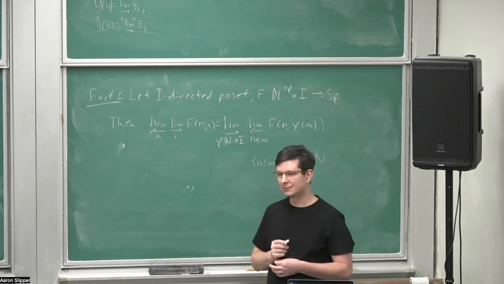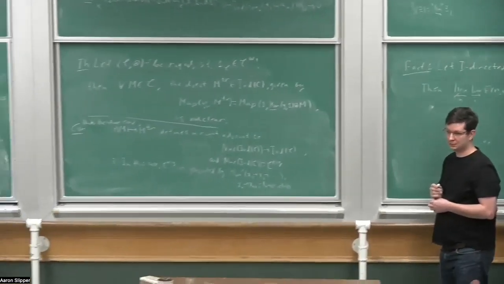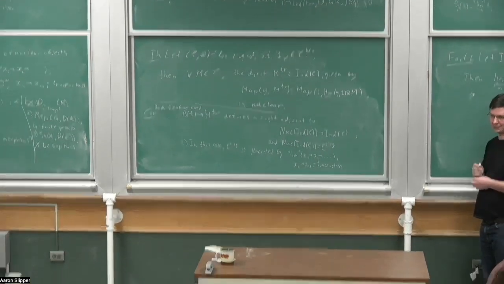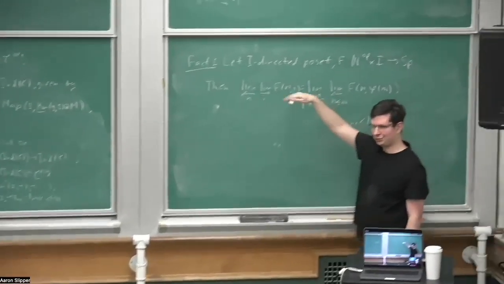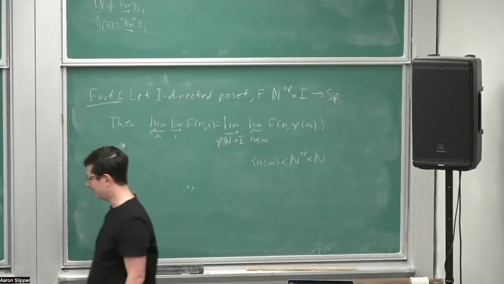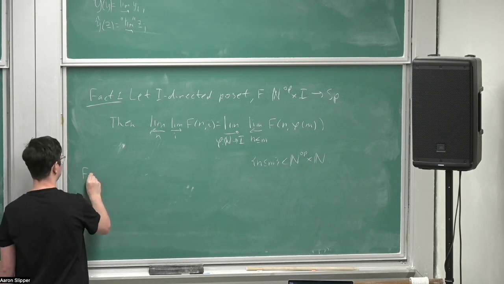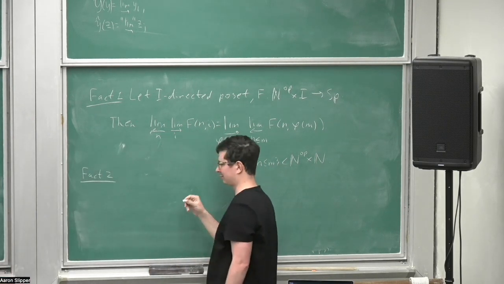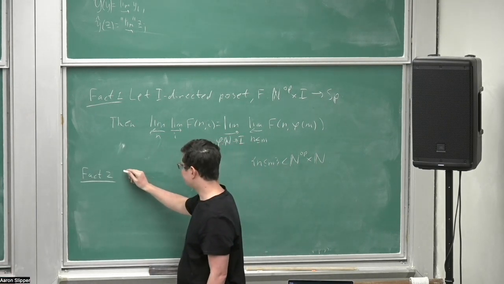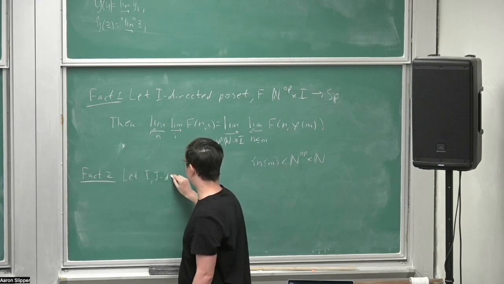If I replace this by sets, then this becomes an easy exercise, just to compare the elements. It's quite intuitive: you just write down at which stage you are able to realize it. So this is kind of an easy fact. But the second fact is much more tricky to understand. So let I and J be directed partially ordered sets.